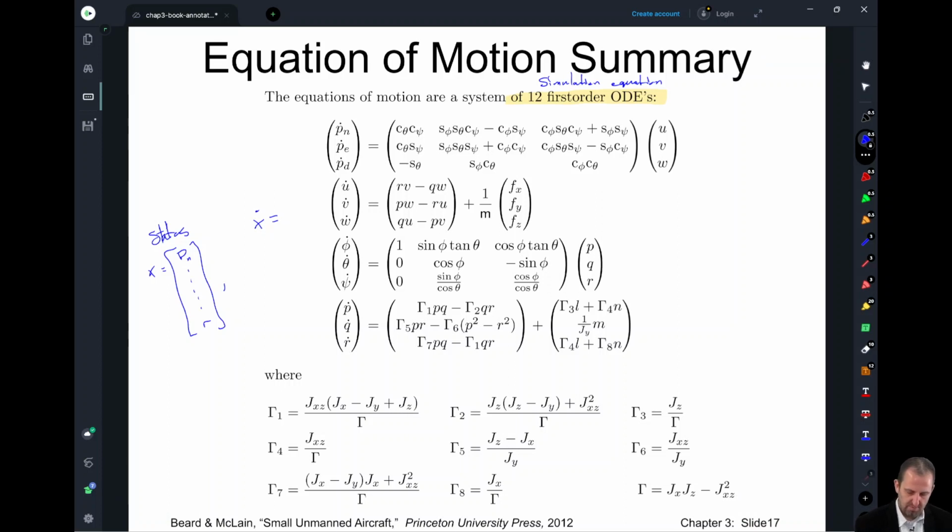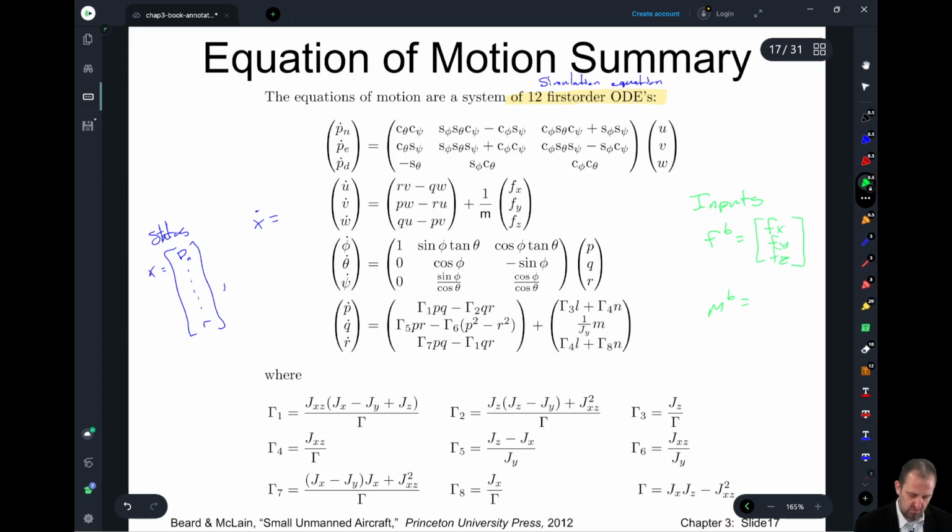Our inputs are going to be our force in the body frame, which is equal to Fx, Fy, and Fz, and our moments in the body frame, which we call L, M, and N. These are our inputs according to chapter 3, the inputs to our system.